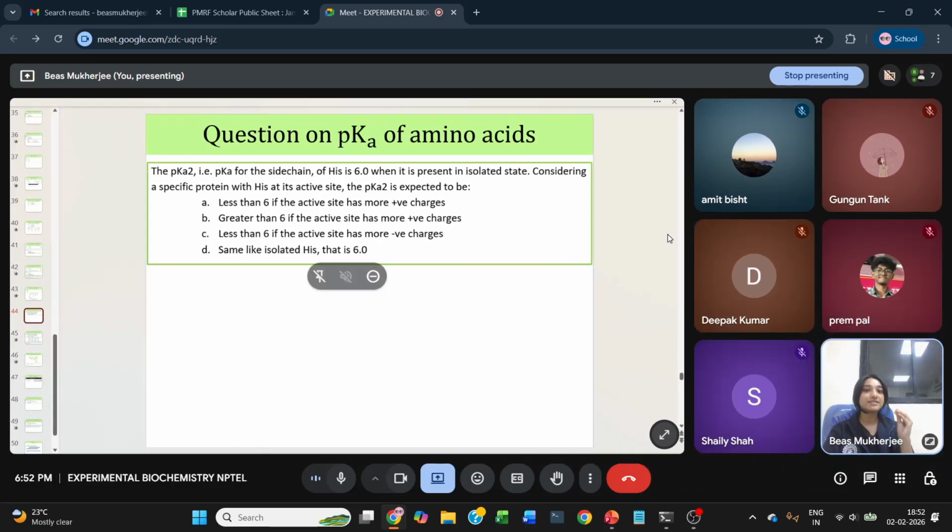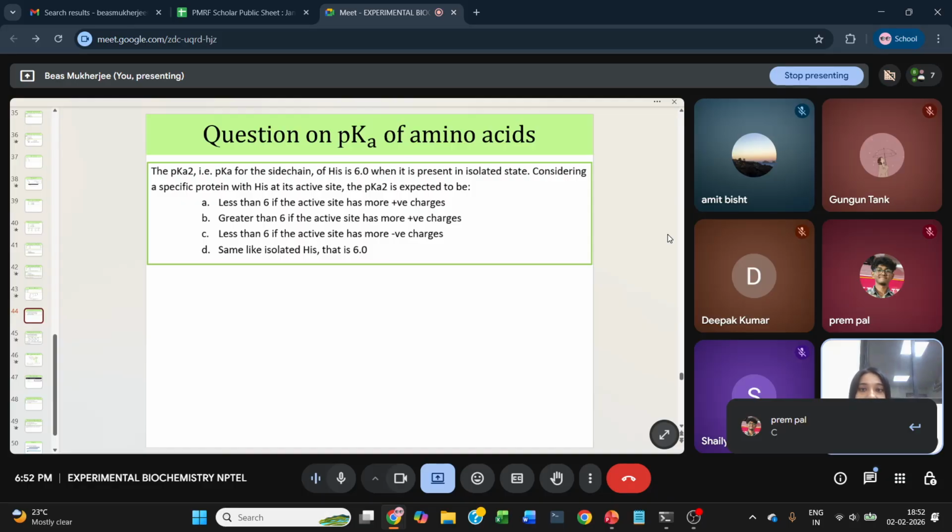When it is present in an isolated state, considering a specific protein with histidine at its active site, the pKa is expected to be less than 6 if the active site has more positive charges. Great, you're saying it is C. Greater than 6 if the active site has more positive charges; less than 6 if the active site has more negative charges; and same as the isolated histidine, that is 6.